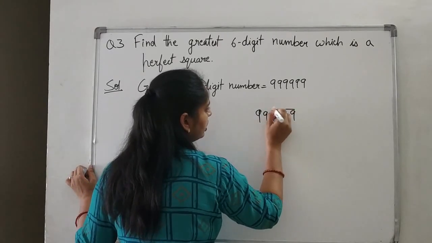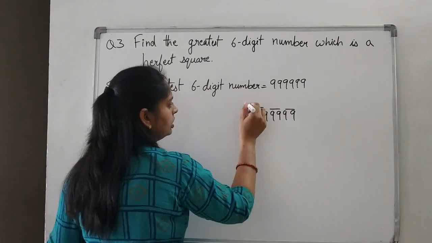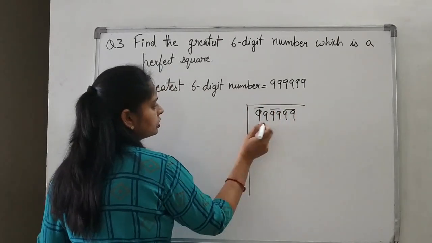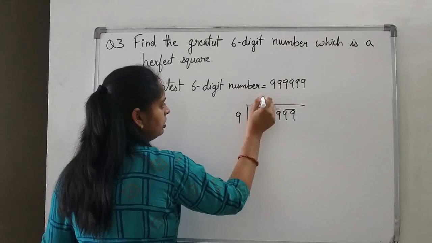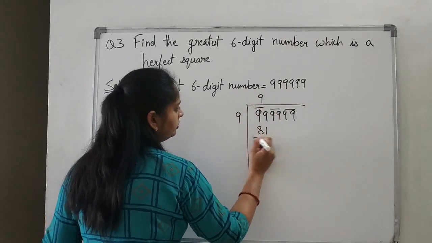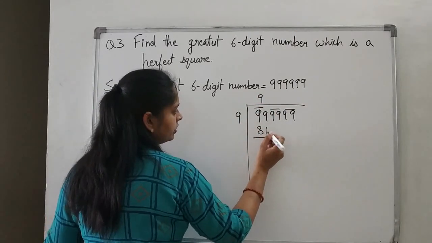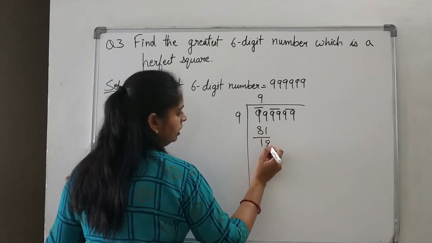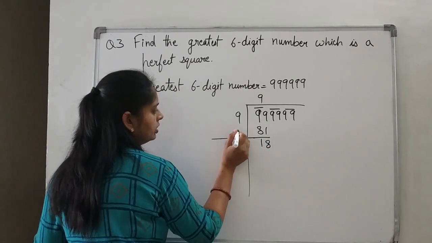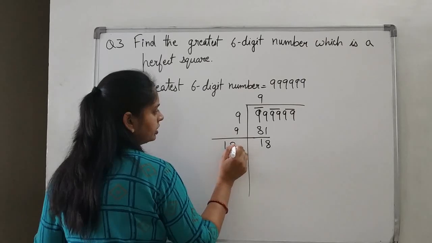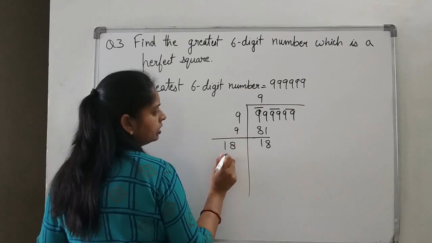So 999,999. We will again do the pairing and we will find the nearest square number for this. So 99 is there, so 9 9s are 81. 9 minus 1 is 8, 1, and this side 9 will be added, that is again 18, right?